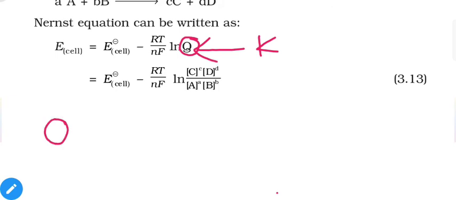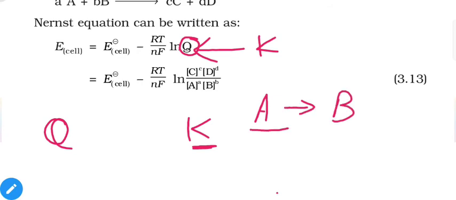So what does Q mean and why is K not mentioned? So keep in mind, concentration of product upon reactant is equal to K when equilibrium is established. Understand it this way, our reaction is A to B. A is our reactant, B is our product. Initial concentration of A, let us say it is 10 mole, and initial concentration of B will be 0 because the reaction is yet to be started.